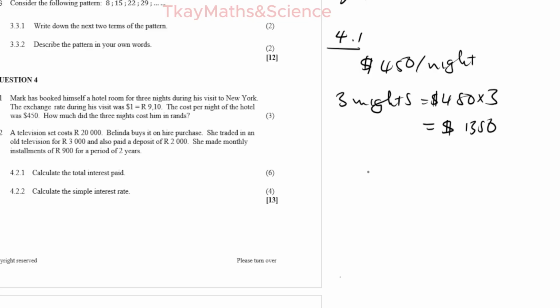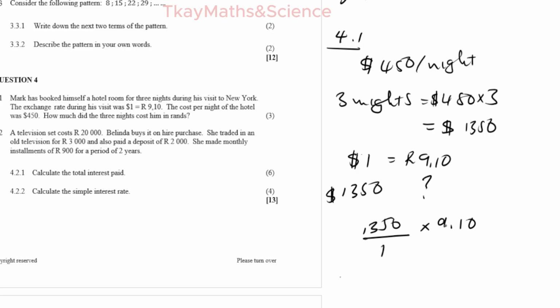All right. So in rands now we have to convert, because $1 is costing what? 9.10 cents, right? So now what is $1,350? Okay. Now we have to say 1,350 over 1 times 9.10 cents, right?